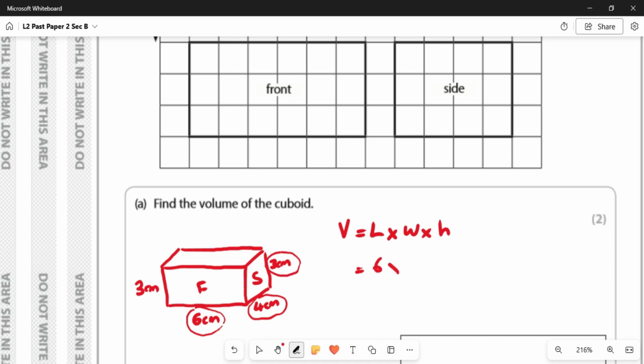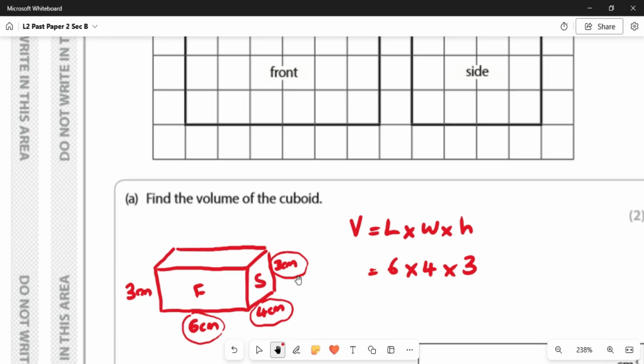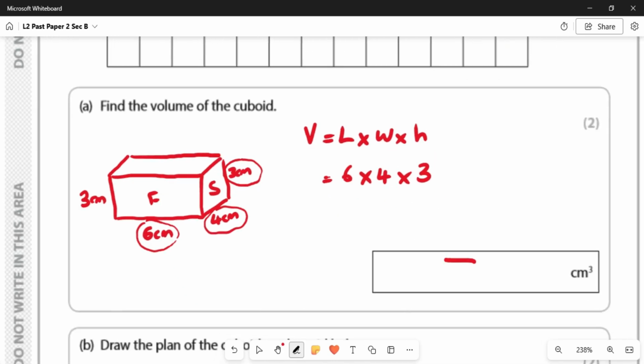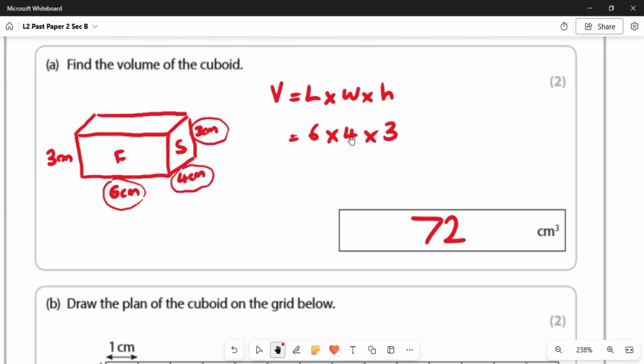So 6 times 4 times 3, which is 72. In fact, let me write this in here. Centimeter cubed. Yep, so obviously you get 1 mark for your working, 1 mark for your answer.